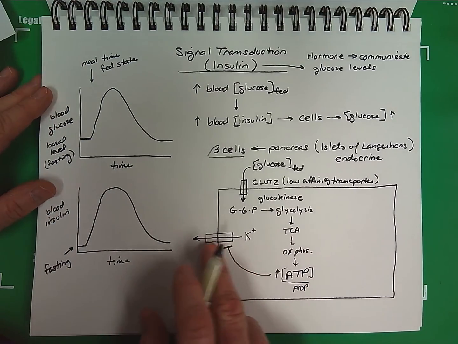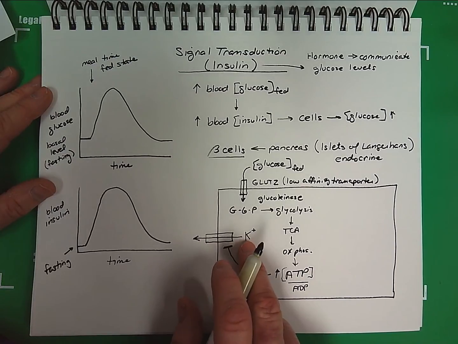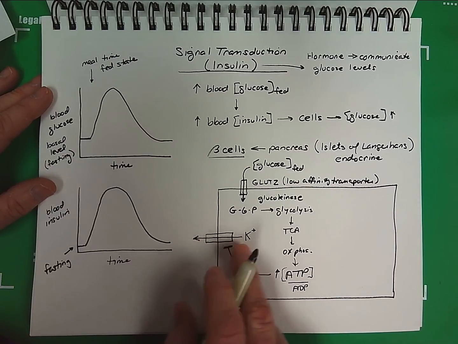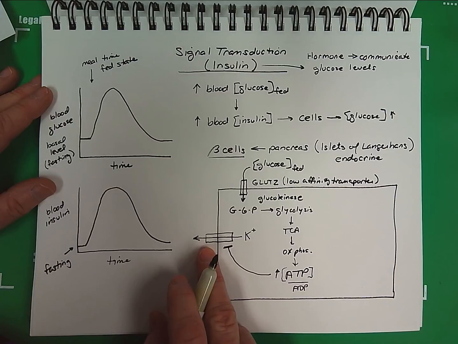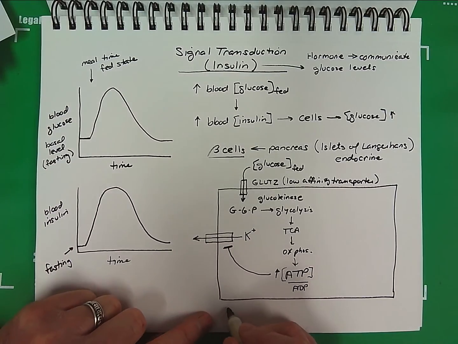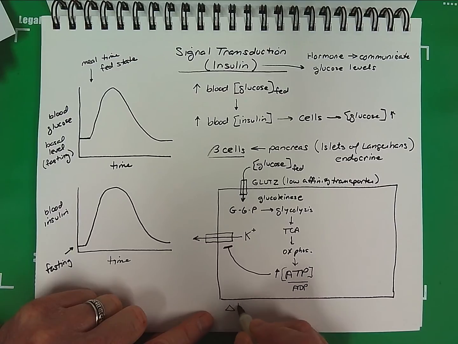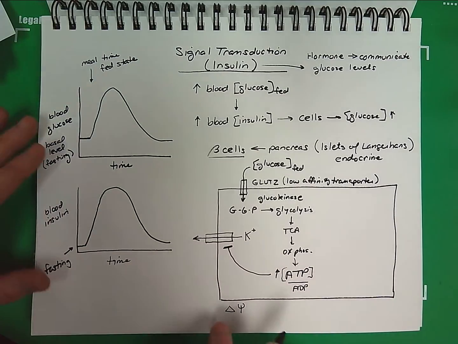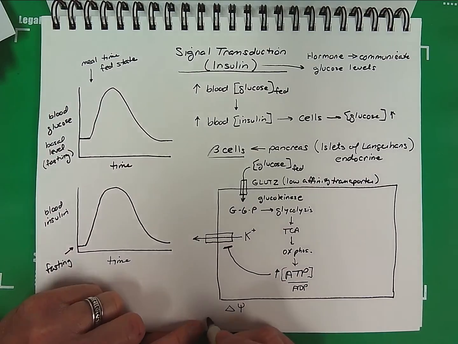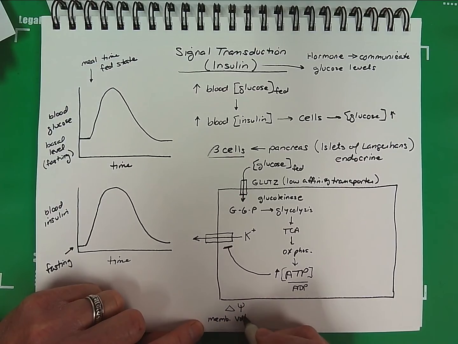Now, anytime we inhibit a channel that is transporting ions across the membrane, we have the possibility of altering the voltage potential across the membrane. And that's exactly what is going to happen here. There's going to be a change in the membrane voltage potential.